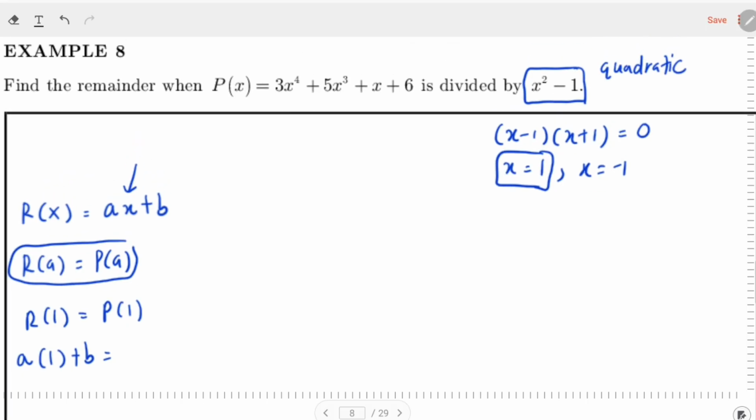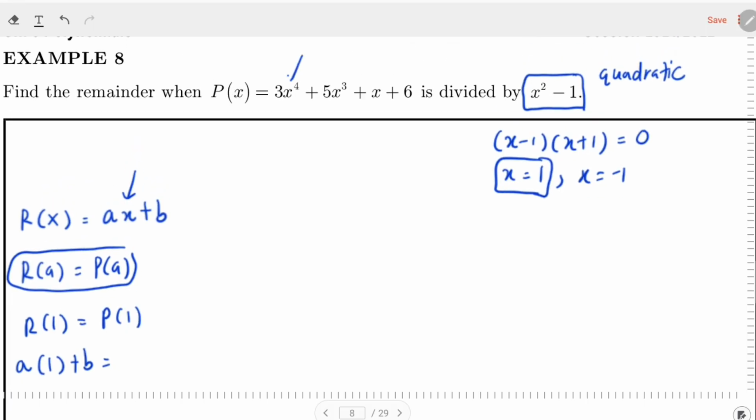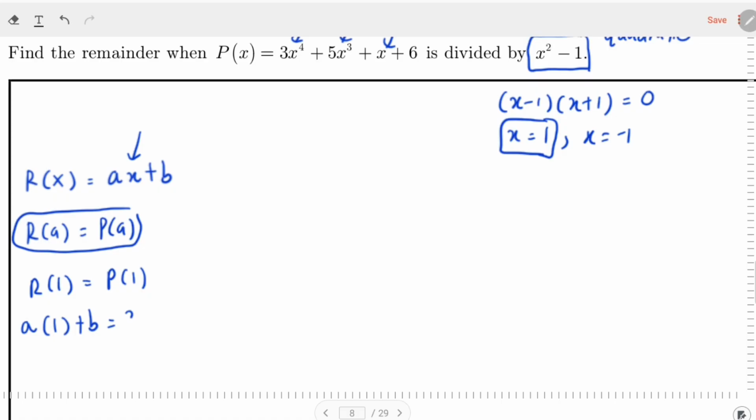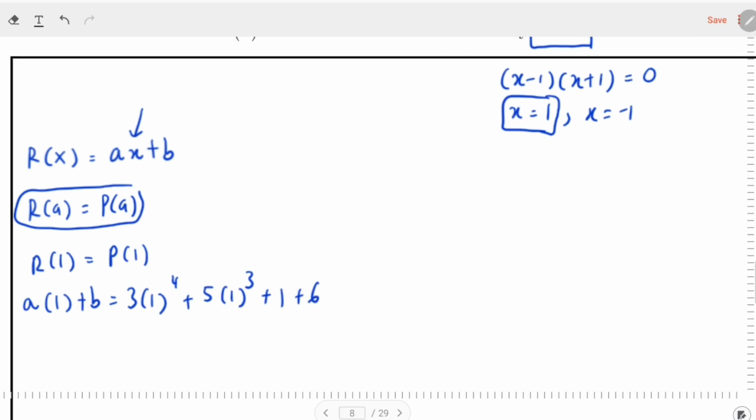And when we substitute 1 into the polynomial, we're going to get 3 times 1 to the power of 4, plus 5 times 1 cubed, plus 1, plus 6. And we're down to the first equation, a plus b equal to 15. That is the first equation.